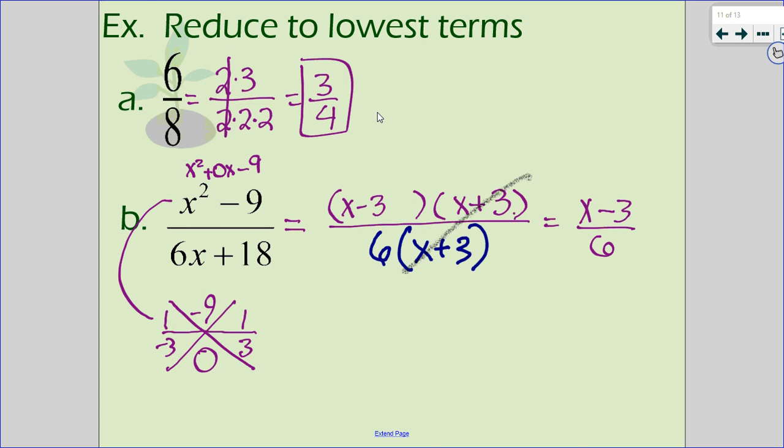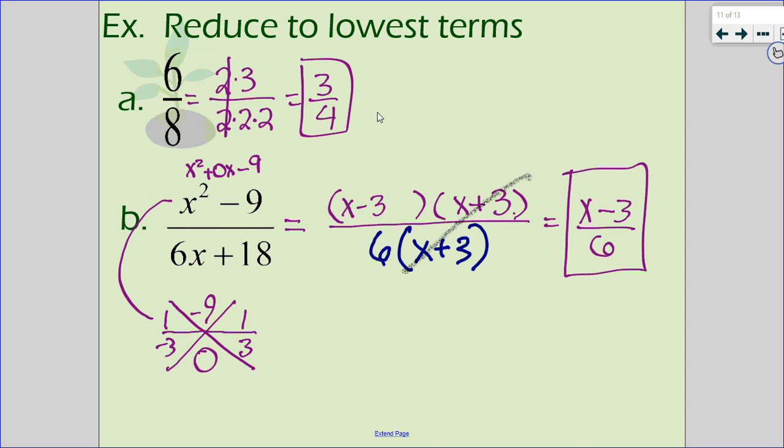Yes, because x plus 3 cancels. So notice, in the numerator, you just have x minus 3 left, and in the denominator you have 6 left. All right, so this is the answer.